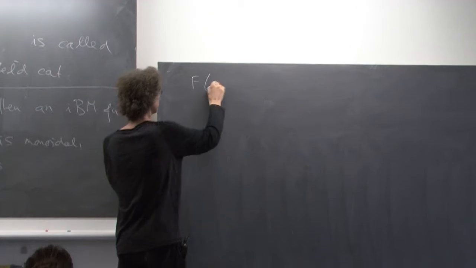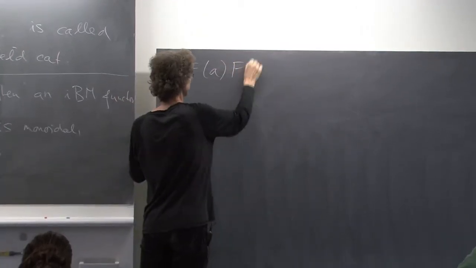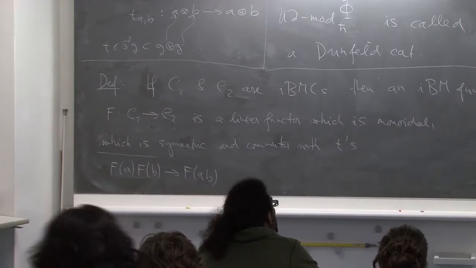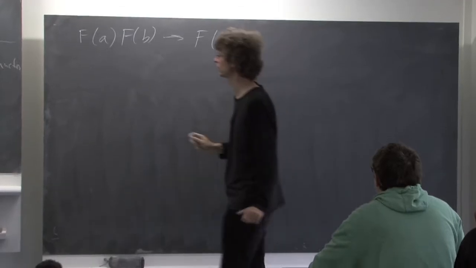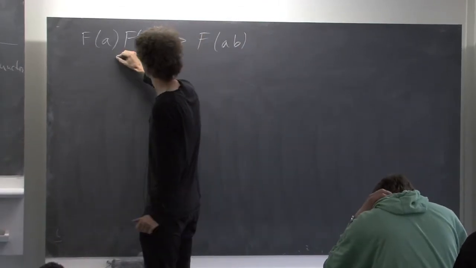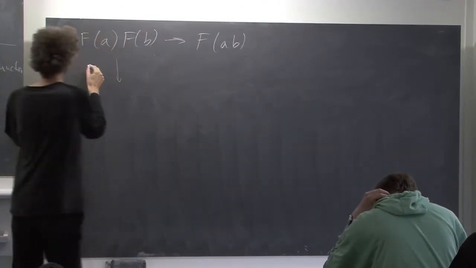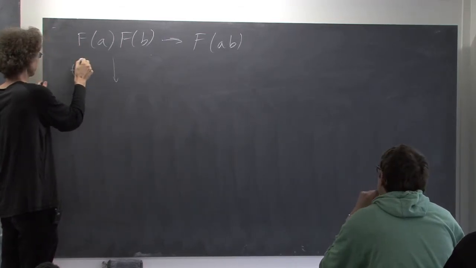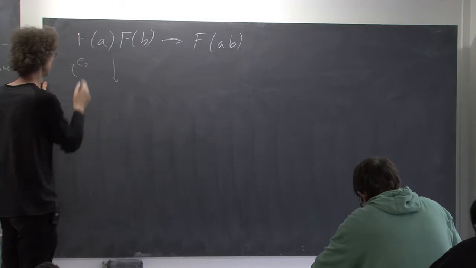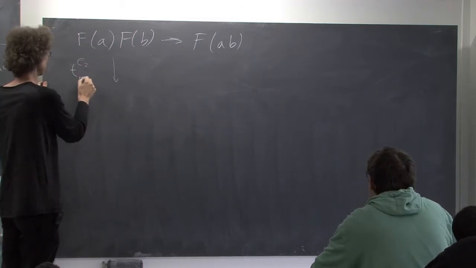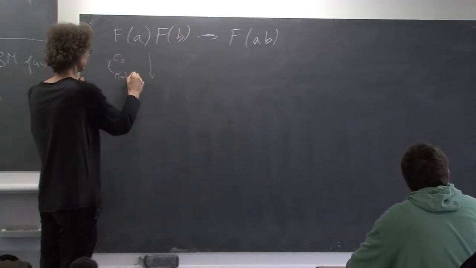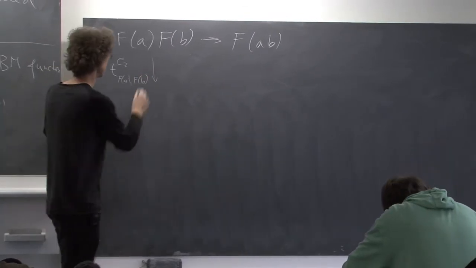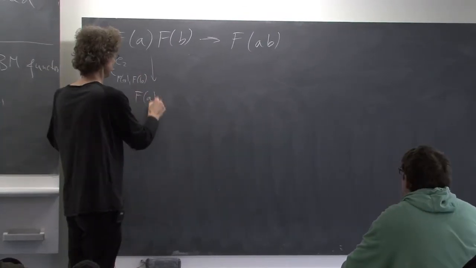It's like this. Phi A, phi B. That's our functor being monoidal, which has this thing. Now, here we can apply, okay, the full notation would be something like T, which is in this C2, and apply it on FA and FB.